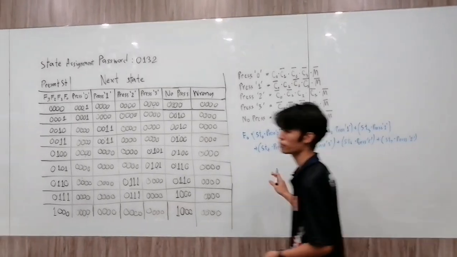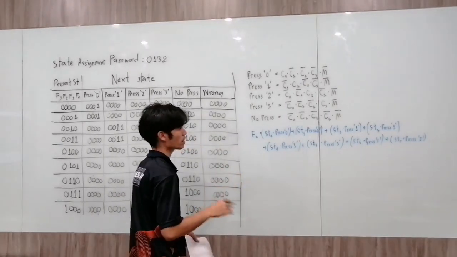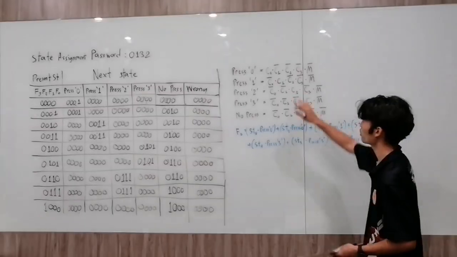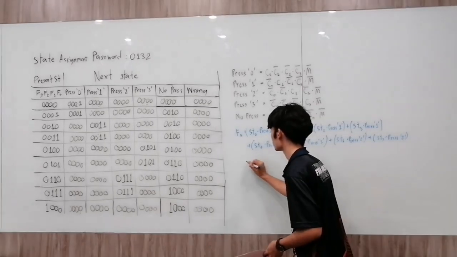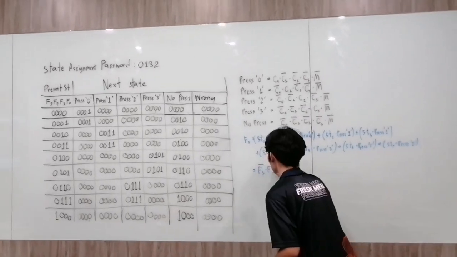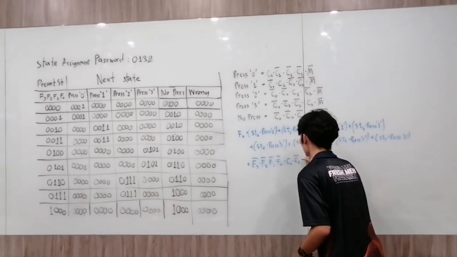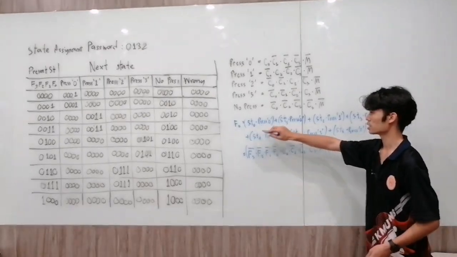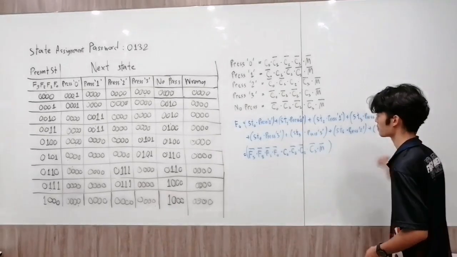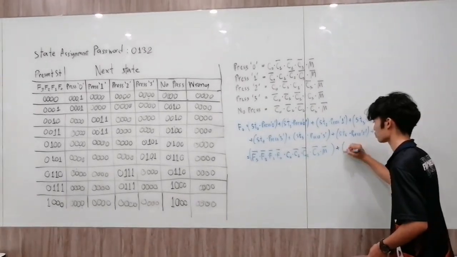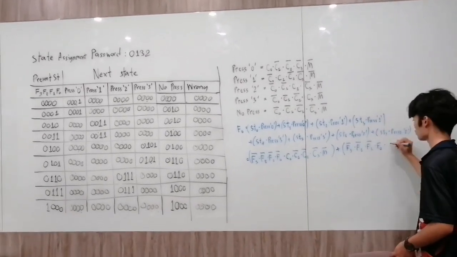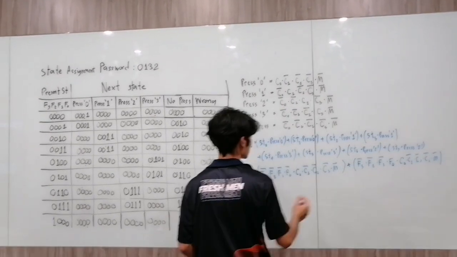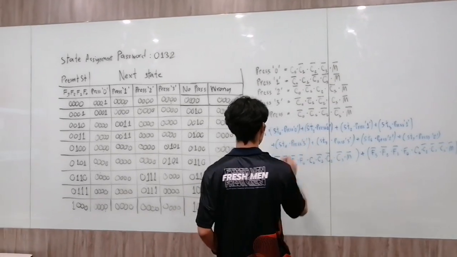This is all of the flip-flop number zero equation, and we will change it to the variable like this. This group is state 0 and with press 0. This is group number 2.